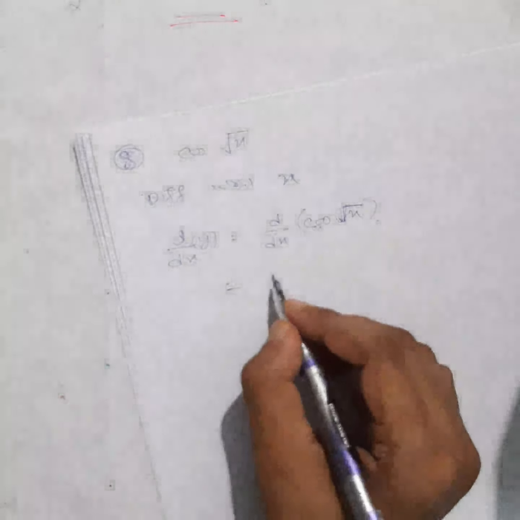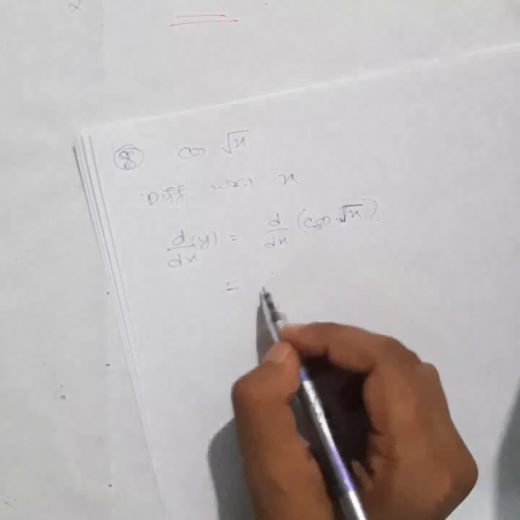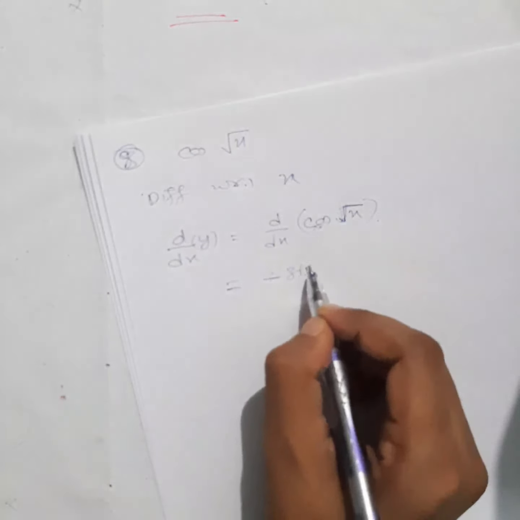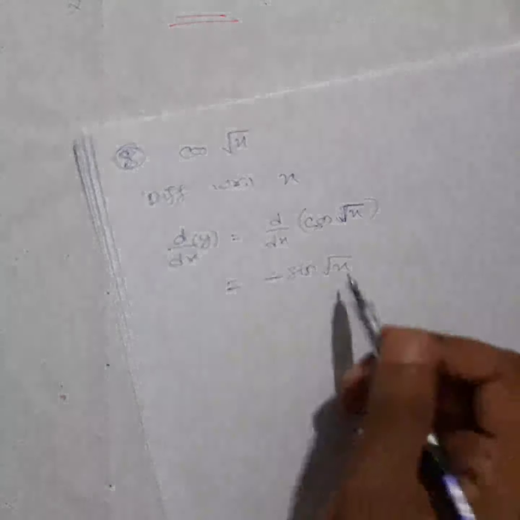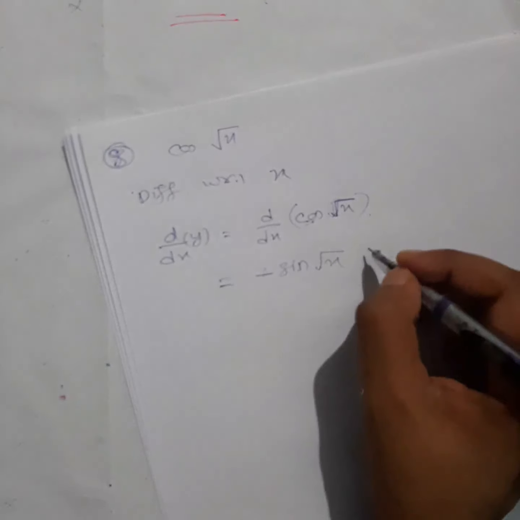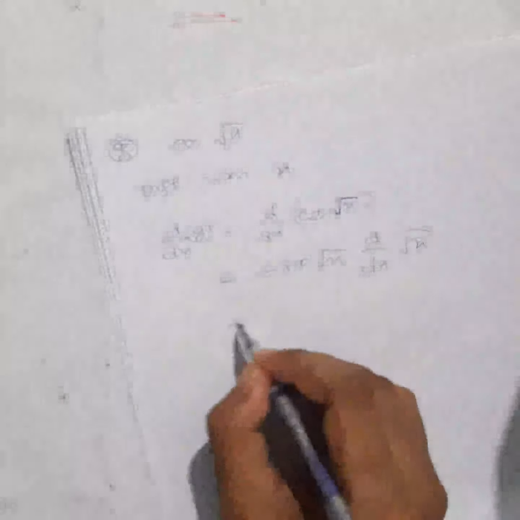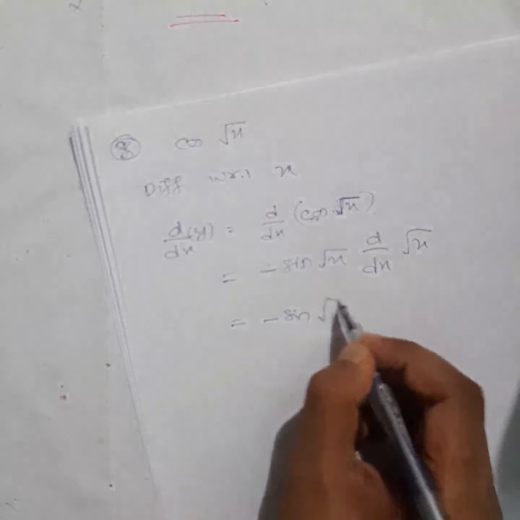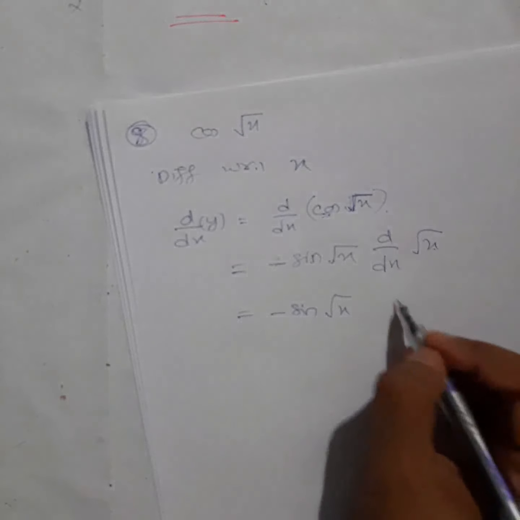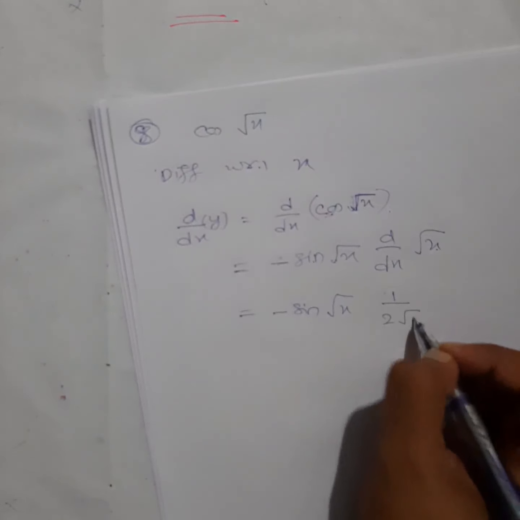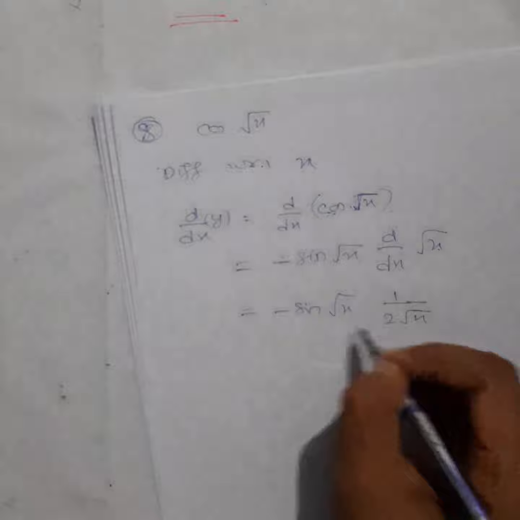So cos root x, what will be the derivative? Cos means sine will come. Sine x used to be, right? So in place of x you have root x. So this root x you have to derive again. d/dx of root x, minus sine root x. d/dx of root x is 1 by 2 root x. Now don't cancel this and this.